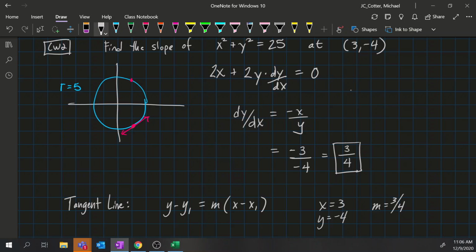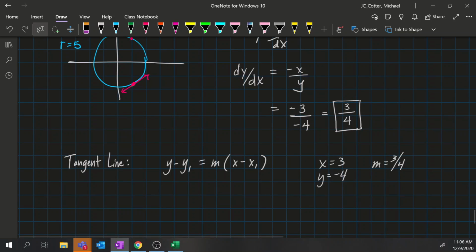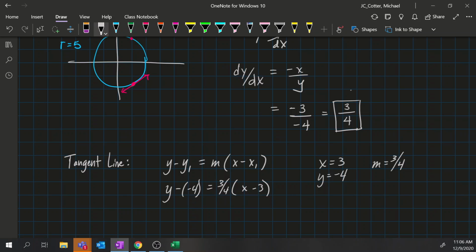Now, we defined the slope a different way than usual, but we know the slope. It's 3/4, right? So then we just plug that in. And you could simplify more from there, but I'm not going to.